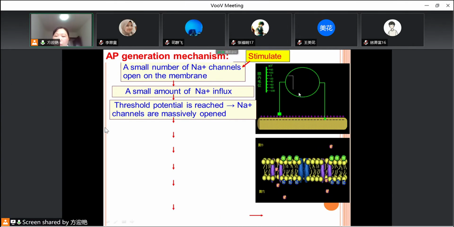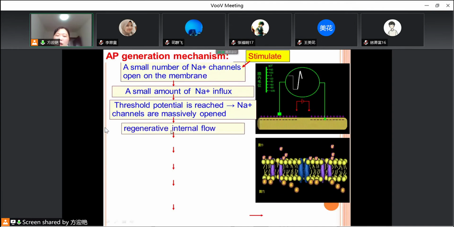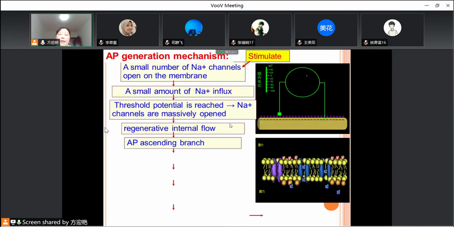the sodium channels are massively open, and a notable amount of sodium flows in. This influx we call regenerative sodium inflow, and it forms the ascending limb of the action potential.